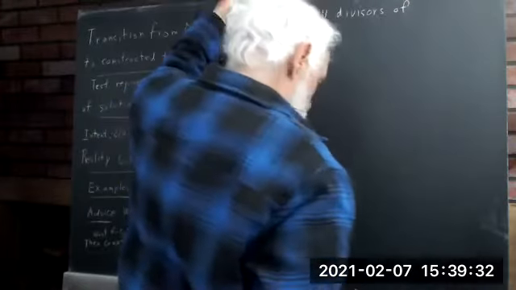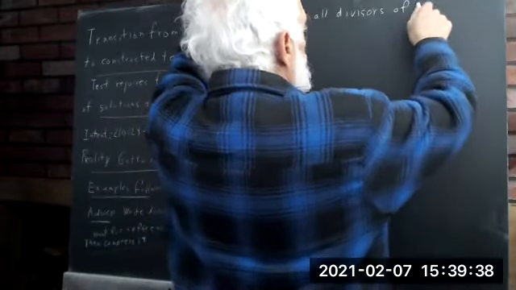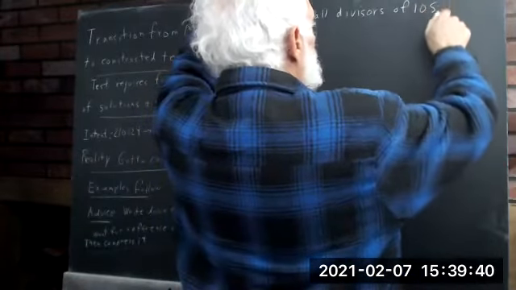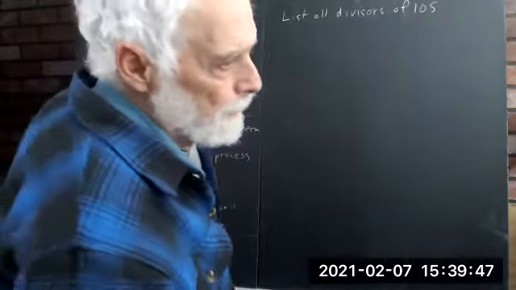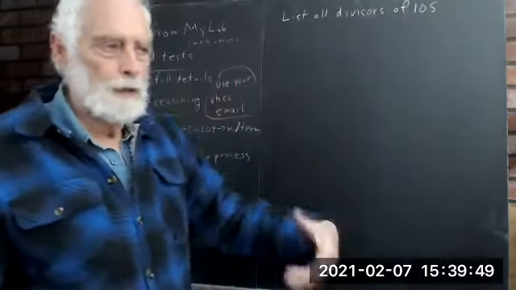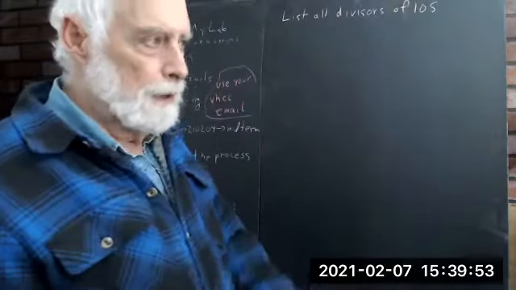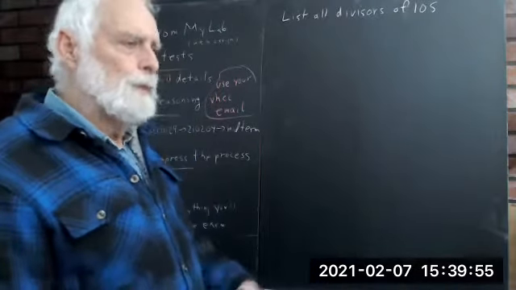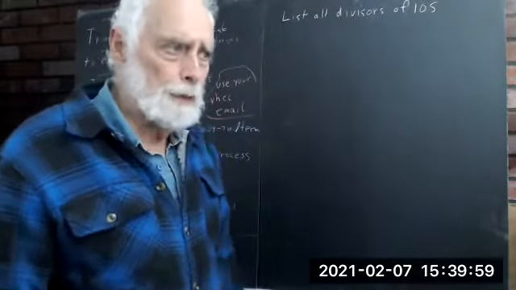Let's start with: list all the divisors of, let's say, well, I've used this example, 105. Now you can start dividing 105 by all the numbers you can think of, and you could probably give me a list of the divisors. But dividing 105 by 1, 2, 3, 4, 5, 6, till you run out of numbers.